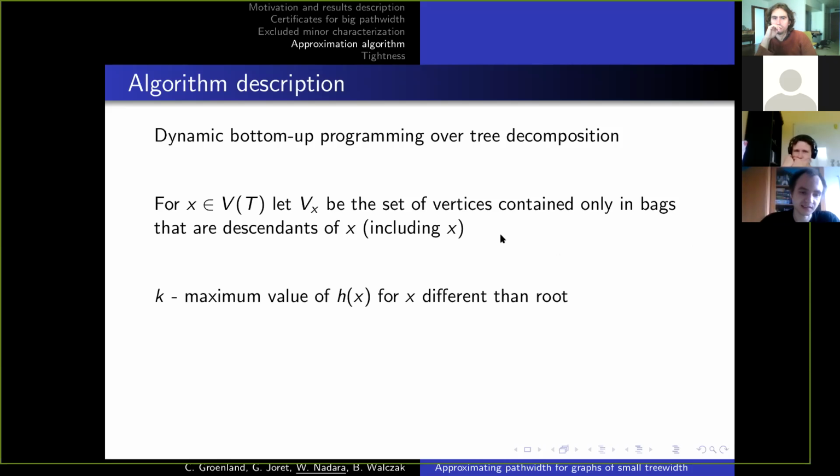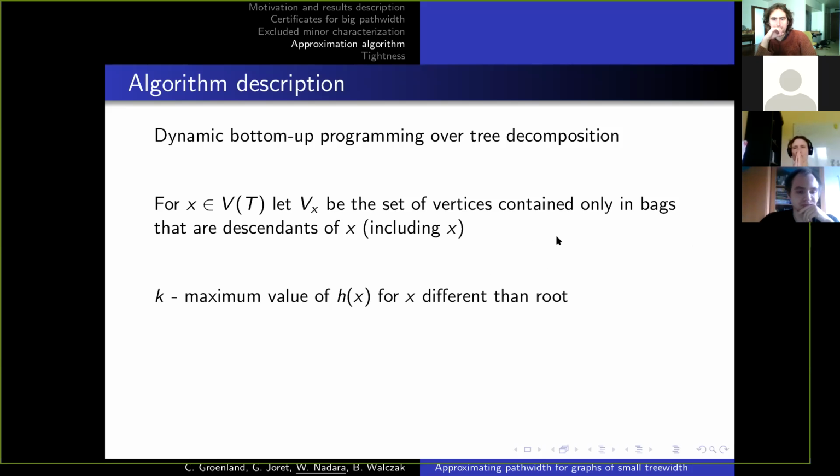And let k be the maximum value of h for x different than the root. So we have computed everything that we wanted for the smaller subtrees of our tree decomposition, and k is the biggest value of h that we have found there.